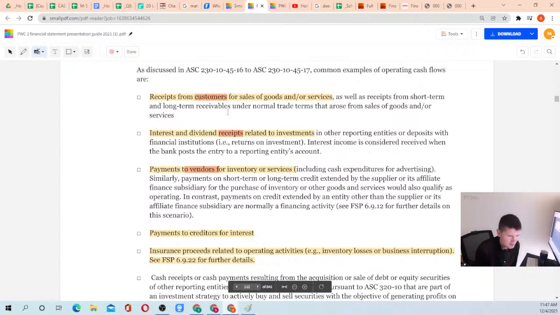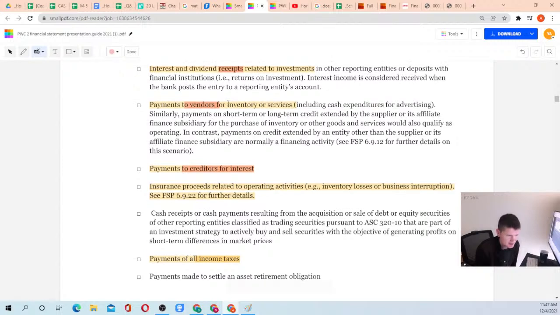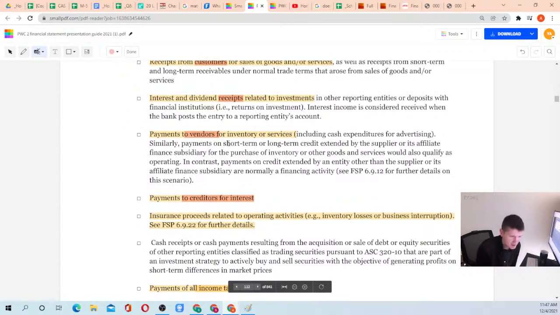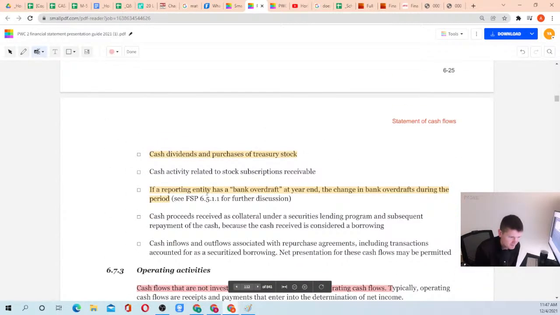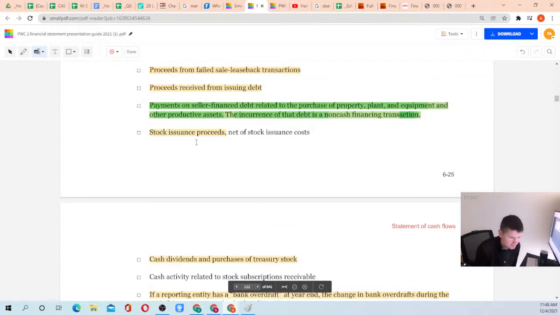So customers, vendors, payments to creditors for interest. So interest paid and interest receipts are operating activities. Dividends receipts are operating activities, but dividends paid is an investing activity.